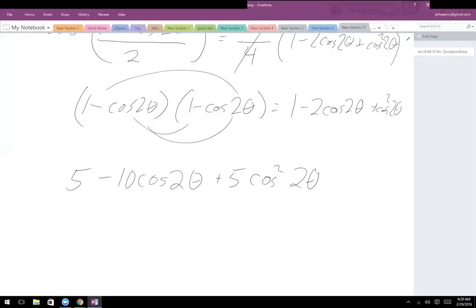All right. Well, we haven't quite done what they told us to do because they said we want no powers greater than 1. So we got to do the same thing again with this cosine squared guy. So cosine squared 2 theta is going to be 1 plus cosine 4 theta over 2.